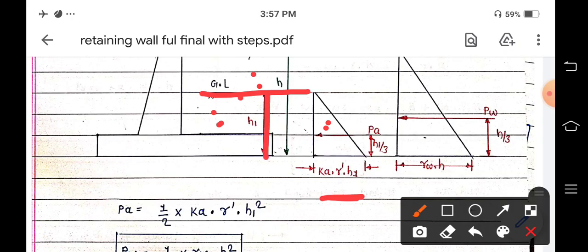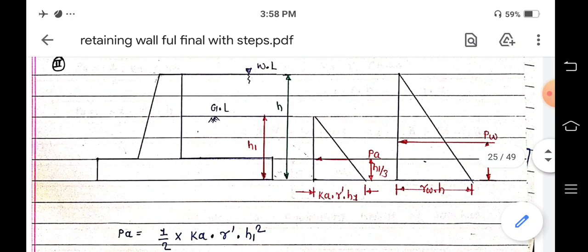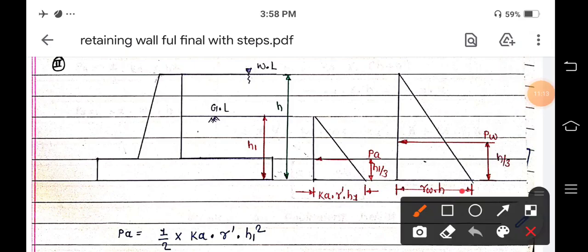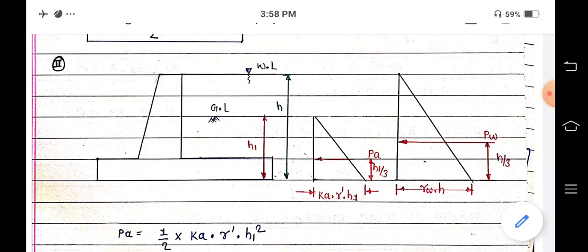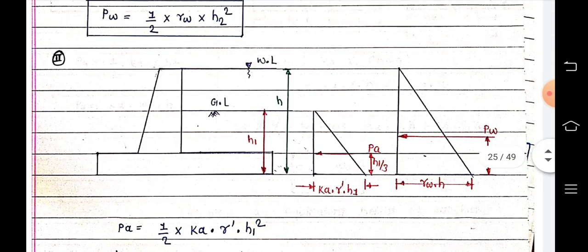If you want to calculate this active earth pressure, calculate the area, which will be 1/2 Ka gamma dash H1 into H1, that is 1/2 Ka gamma dash H1 square. Now calculate for water, because water is available from the top. Here the base value will be gamma W into H, that is unit weight into H, because we are considering the total height as H, and it is acting at H/3.